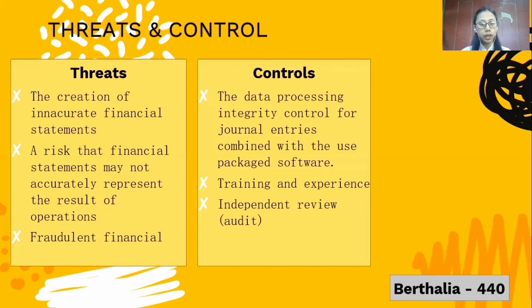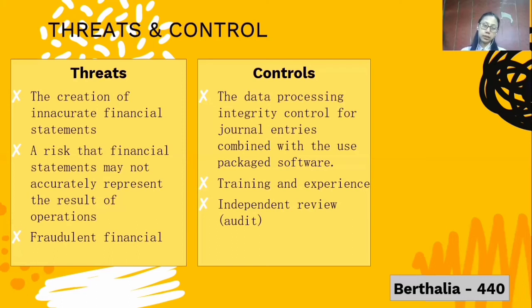So, because both IFRS and XBRL require numerous judgments about how to classify the information, this risk is highly likely to happen. In that case, the best control is training and experience, because experience is likely to reduce the chance of making such a mistake.